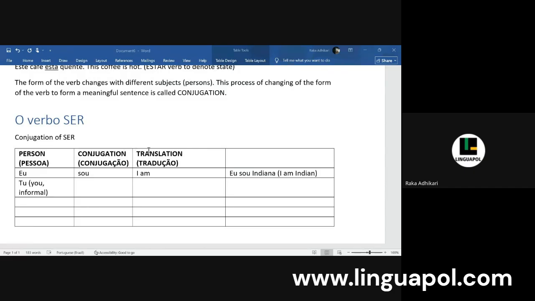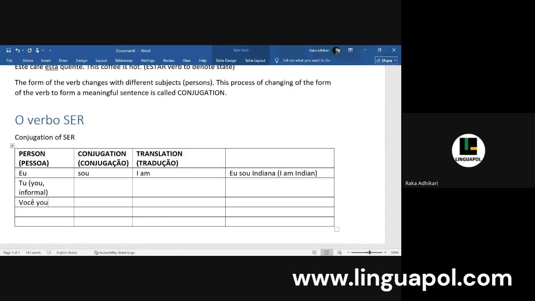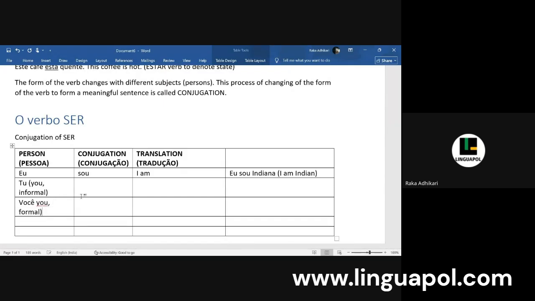Then we have the subject você. Você is you but formal. So it means आप. Você means आप, whereas tu means तुम or तू, as we say in Hindi. So it is informal. So we have two words in the second person.